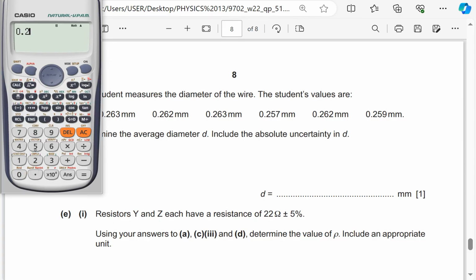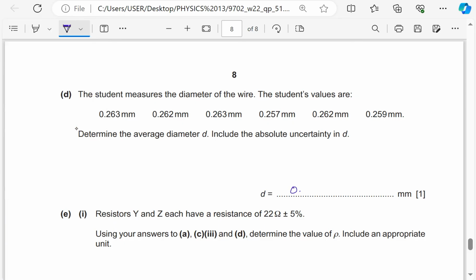So it is 0.263 plus 0.262 plus 0.263 plus 0.257 plus 0.262 plus 0.259, divide by 1, 2, 3, 4, 5, 6. So divide by 6 and I'm getting 0.261.